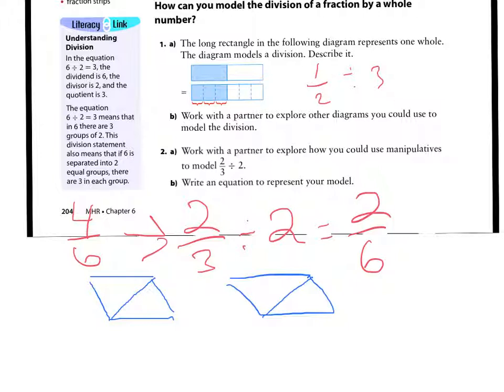So my answer couldn't possibly be 4/6, because that would be the exact same fraction that I started with in the first place. So to get the answer, you need to ask yourself, what's the value of each of these triangles when I divide that third in half? Well, that's a sixth, and there's one more over here. That's a sixth, for a total of 2/6.